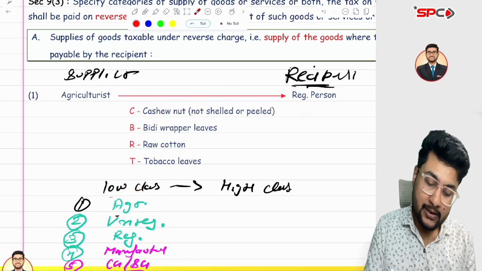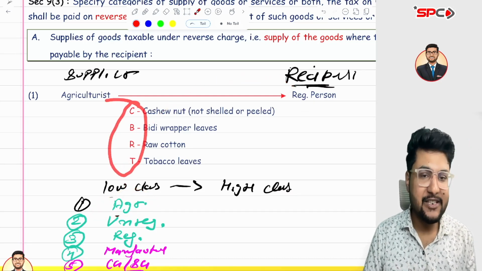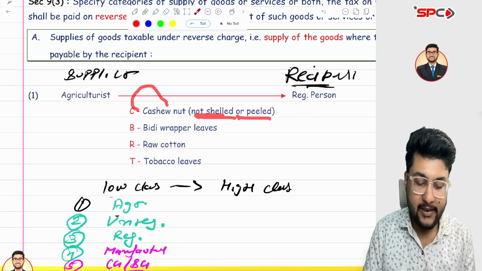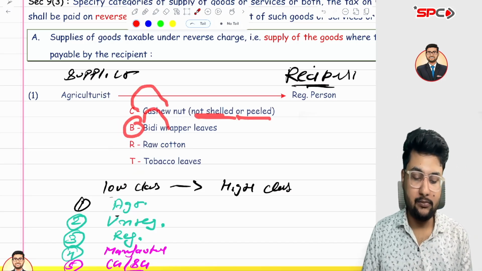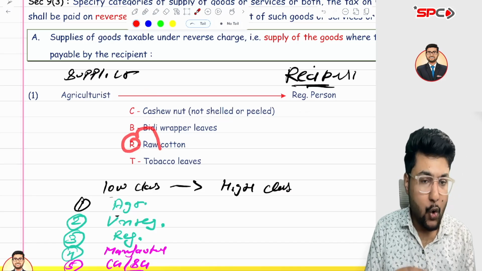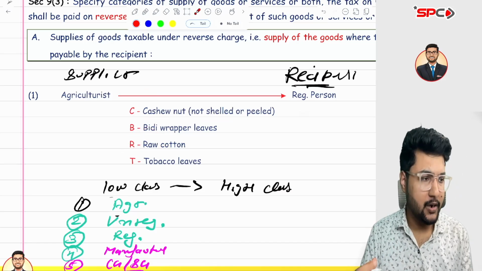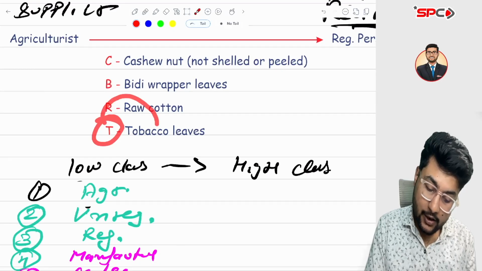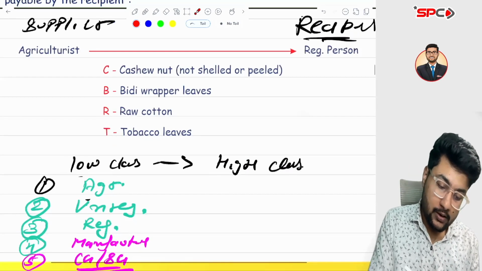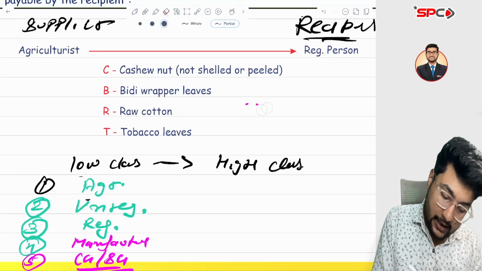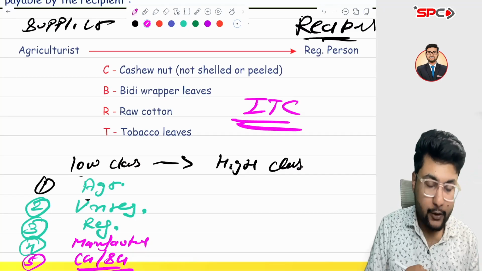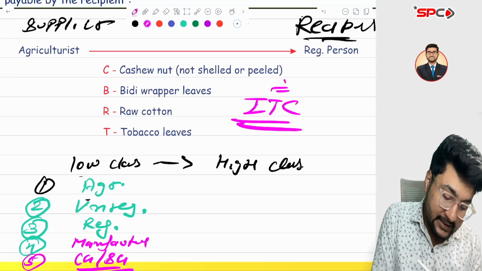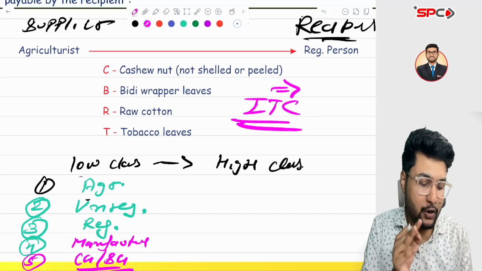What are those products? CBRT. C means cashew nut, which is not shelled and peeled. B means BD wrapper. R means raw cotton used for clothing textile. T means tobacco. Let's take an example. If you are an agriculturist supplying to an ITC company, ITC is in the business of tobacco, Indian Tobacco Company.